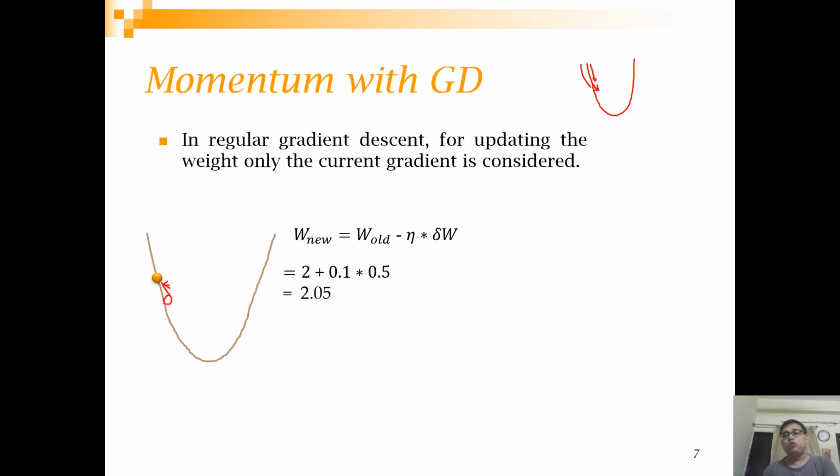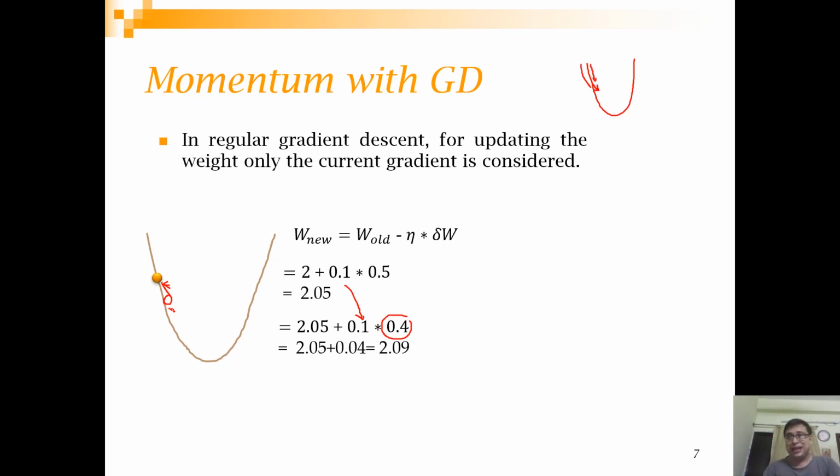Now when you are at 2.05, again you calculate the gradient. Now the gradient is 0.4. So already you are at 2.05, and you will use the same learning rate, so the next position will be 2.09. That's what happens in normal gradient descent.